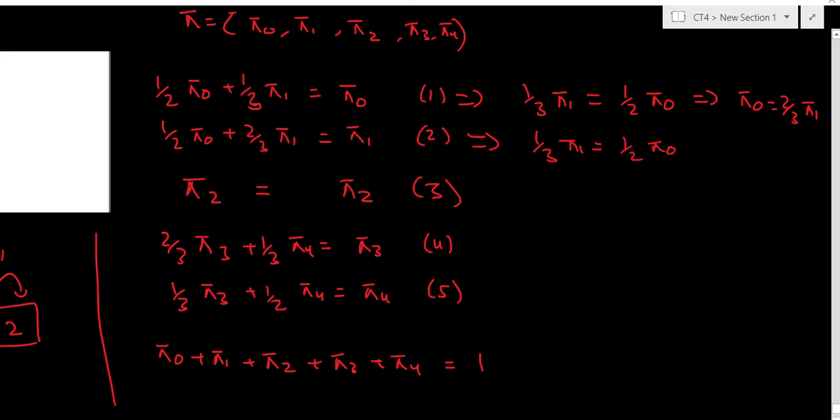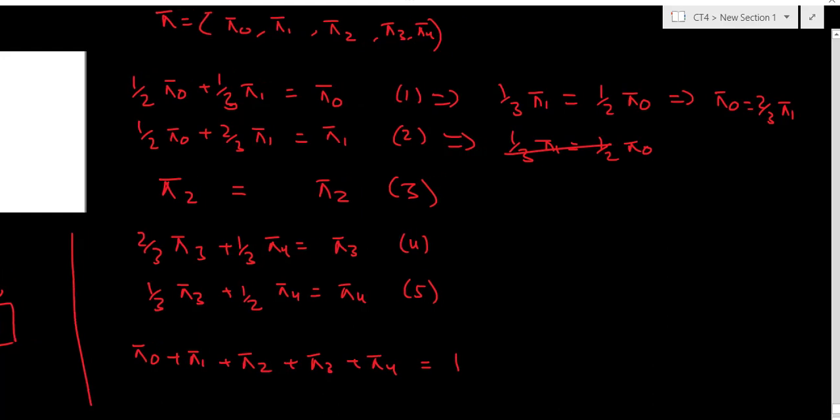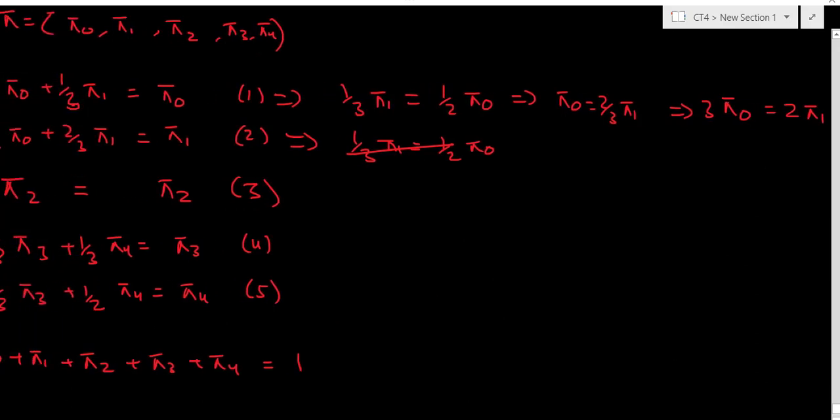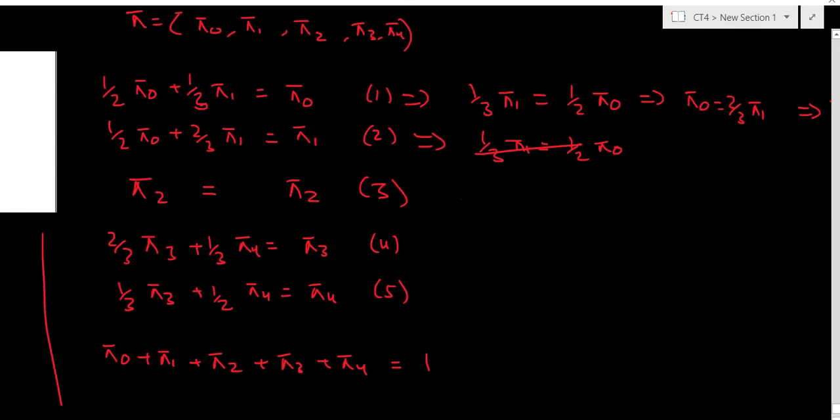Okay, so these equations are just the same, so I need to eliminate one, and from the first equation I get this form, that 3 times pi 0 is equal to 2 times pi 1. Okay, so this is something I know now. From the third one you cannot even get a value of pi 2.